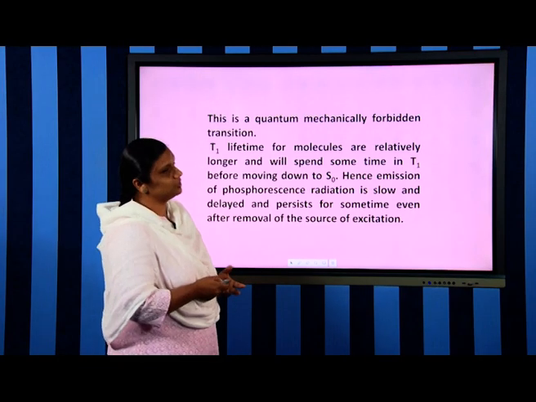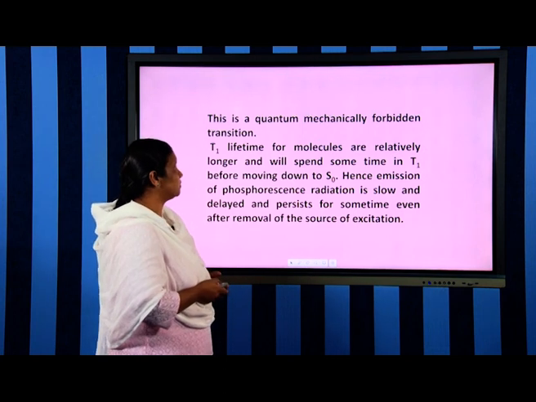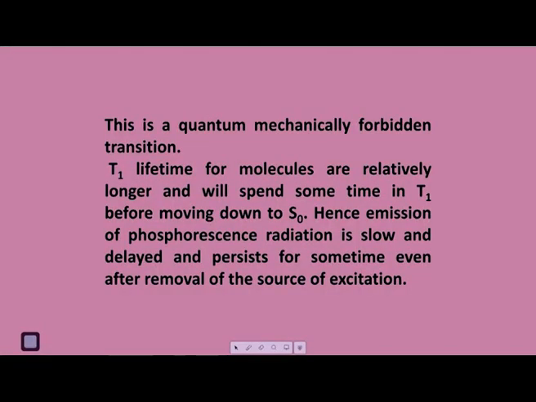Now, phosphorescence is a slow process. It is a quantum mechanically forbidden process because of the spin flipping happening, and the lifetime when the electron remains in T1 is longer, and it remains in the triplet excited state for a longer time before it goes down to the ground state, because it has to change its spin.